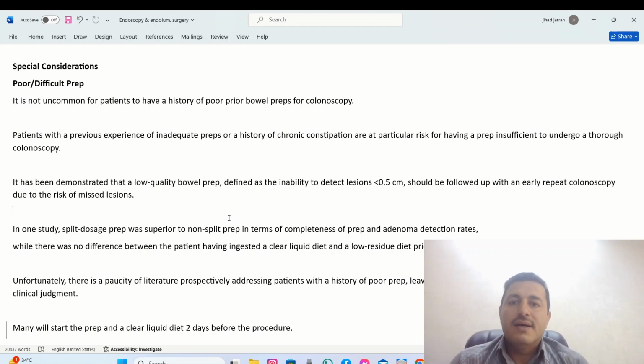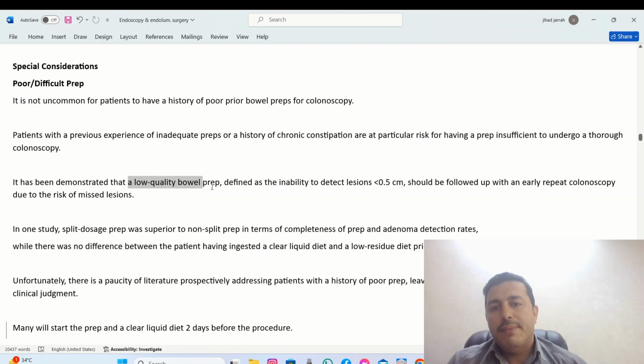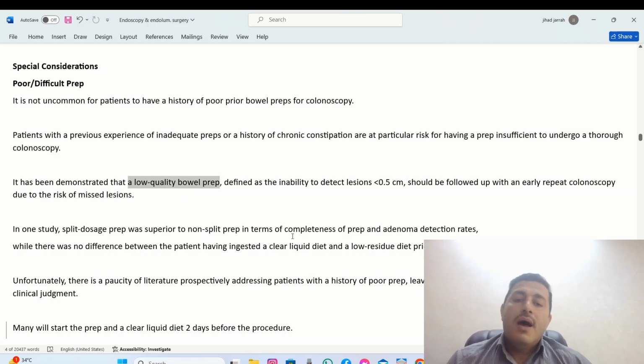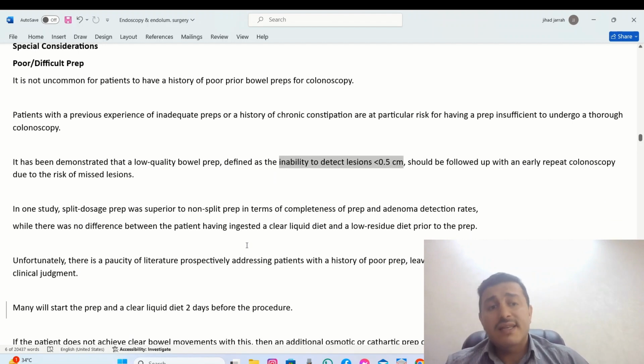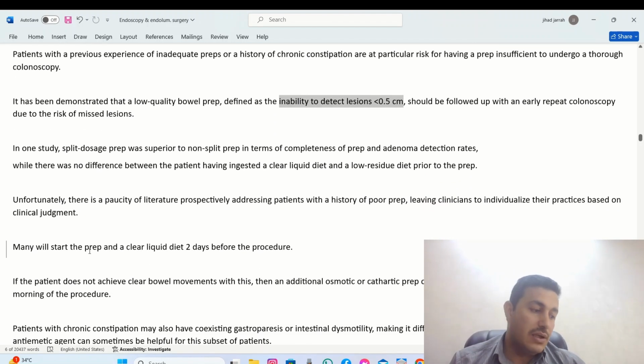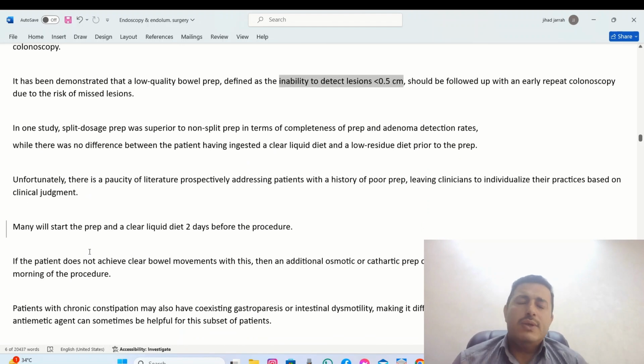The proven one is the split dose. As you see here, the low quality bowel prep is defined as the bowel prep that has no ability to detect any lesion less than half a centimeter or 5 millimeters, and this will reflect negatively on the frequency of repeated colonoscopy.